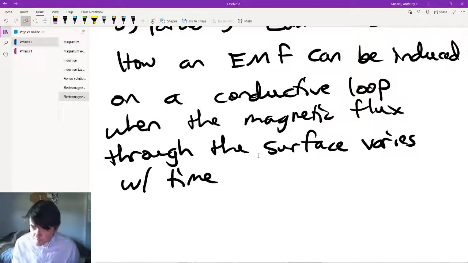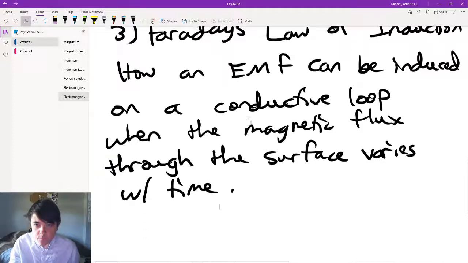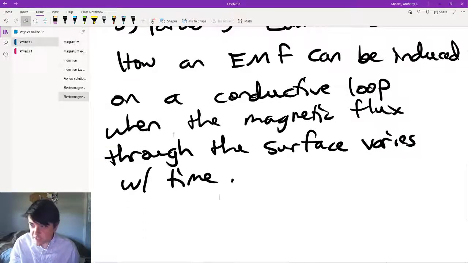So what this is basically saying is that if you have a time-varying field or a changing field, you can induce an EMF.